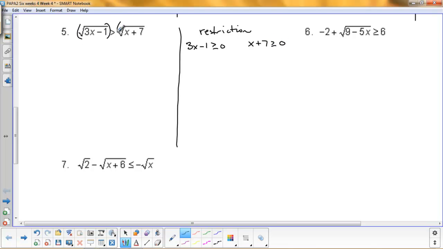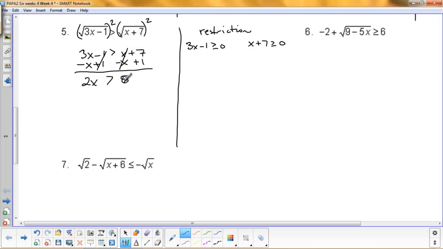Squaring both sides, solving for x, subtract your x's, add your 1, 2x greater than 6.